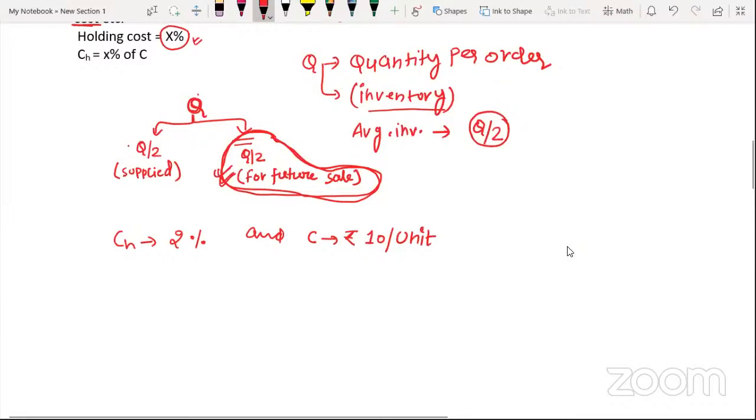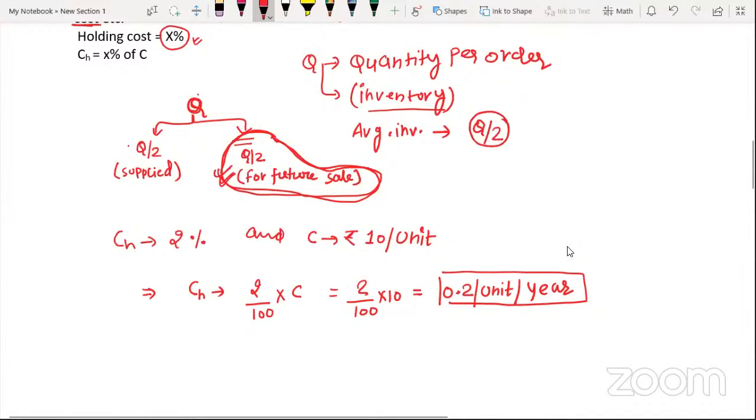So what you have to do is find the ch. So ch is going to be 2% of c, that is 2 by 100 into 10, that is 0.2 per unit per year.